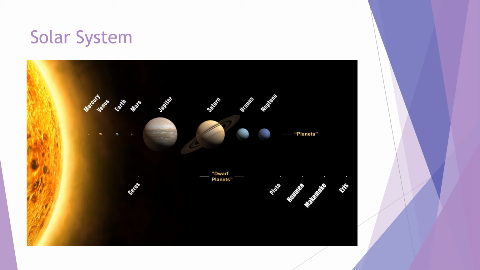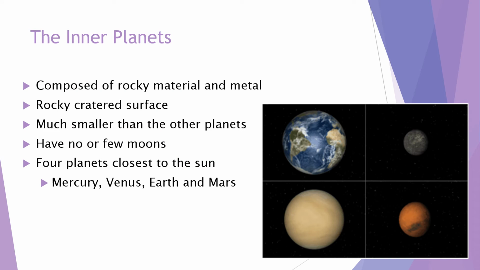So my, Mercury, very, Venus, eager, Earth, mother, Mars, just, Jupiter, served, Saturn, us, Uranus, nachos, Neptune. So it's just a way to remember the order of the planets.